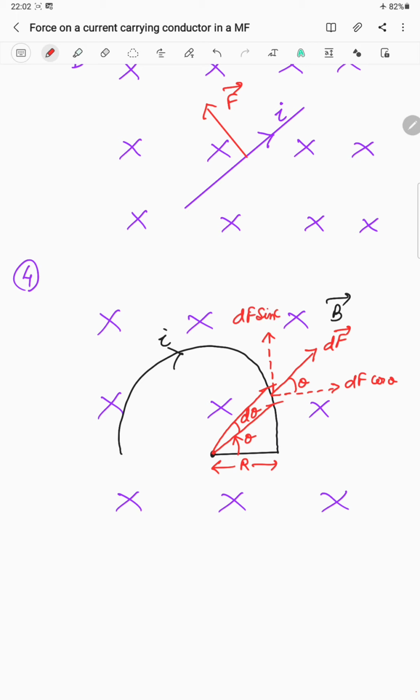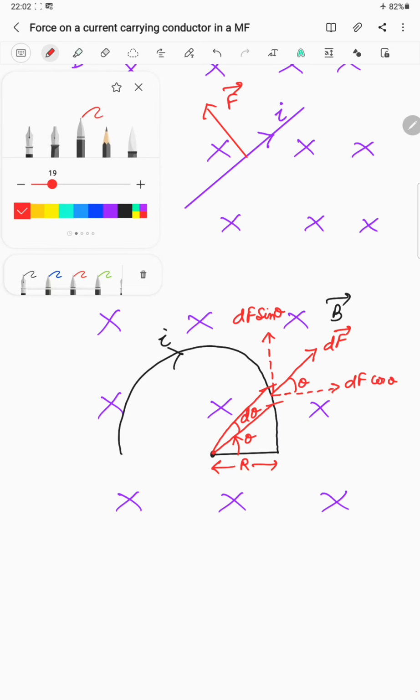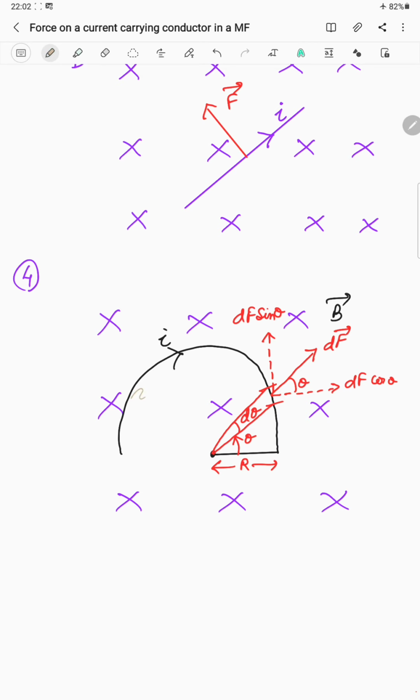Now, if I consider a dl element there, exactly opposite to that, am I going to have another dl component, yes or no? It is quite obvious I will have another component dl there. Suppose exactly opposite I get it here. Followed? So it is quite obvious your dF will be along this direction.